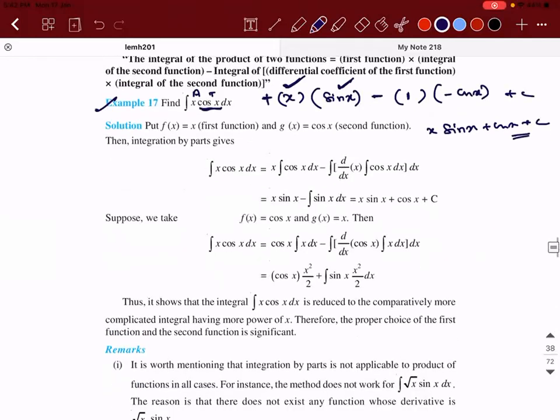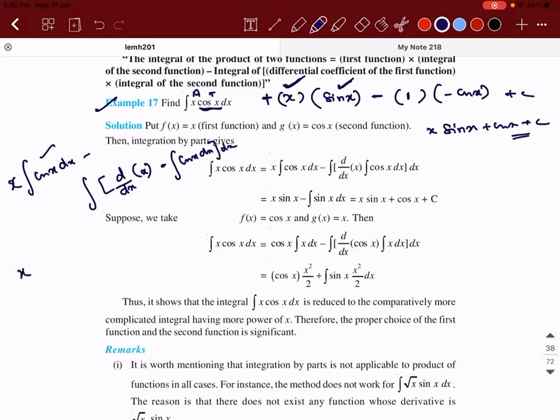Okay. Now coming to the regular method. So what does the regular method tell us? First function into integral of second function minus integral of, open the bracket, derivative of first function into integral of second function into dx.